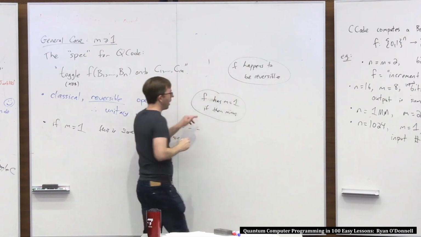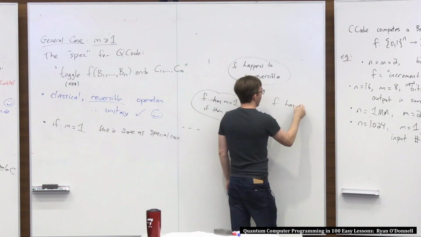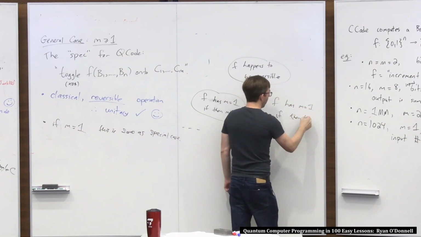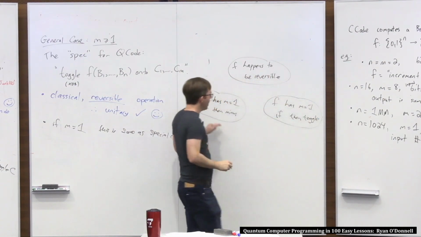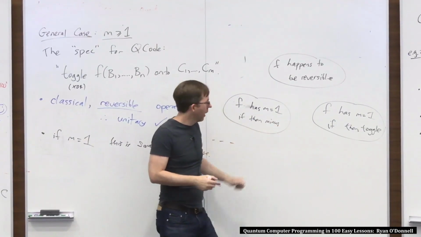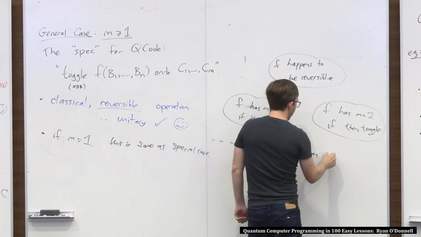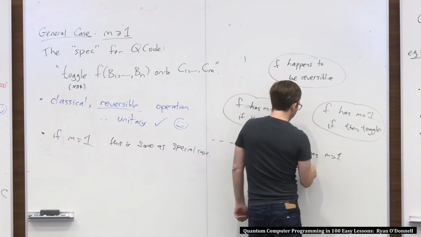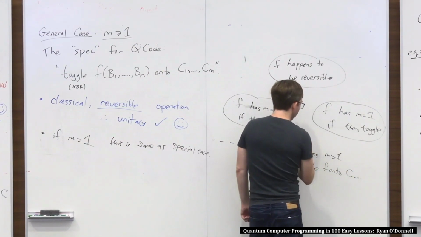That's one possible choice. Then we also saw that you could have f with m equals 1, but we're doing the if-then-toggle thing on this left board. These are 2 valid choices, and you could decide to do either. And then finally we have the general case, where f has m greater than 1, and then there's only one option: toggle f onto some c's.